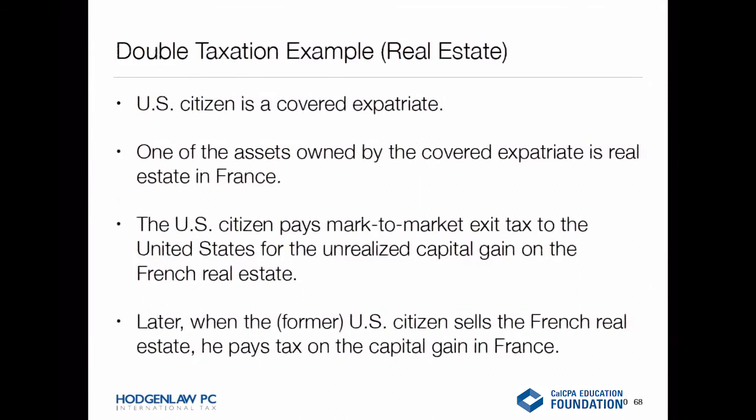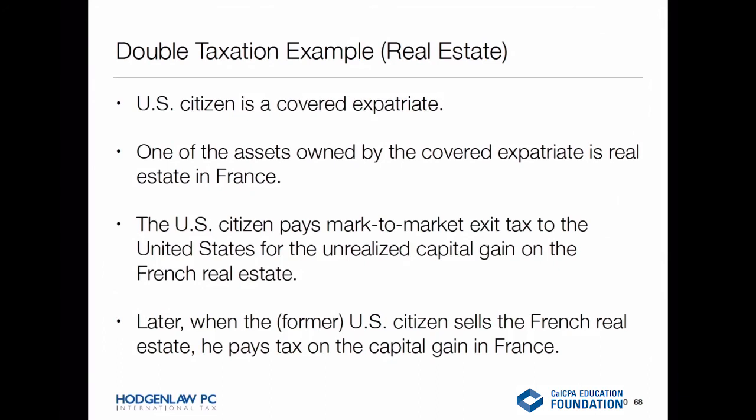So here's an example of what I mean by that. Let's say you have a US citizen who's a covered expatriate and they own a piece of real estate in France. They expatriate, so that person's going to pay mark-to-market exit tax to the US on their expatriation date for the unrealized capital gain on the French real estate.